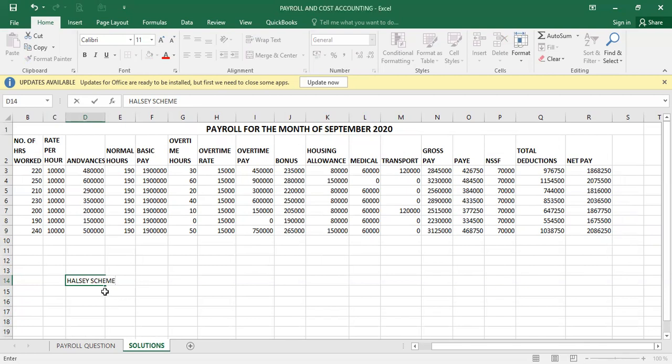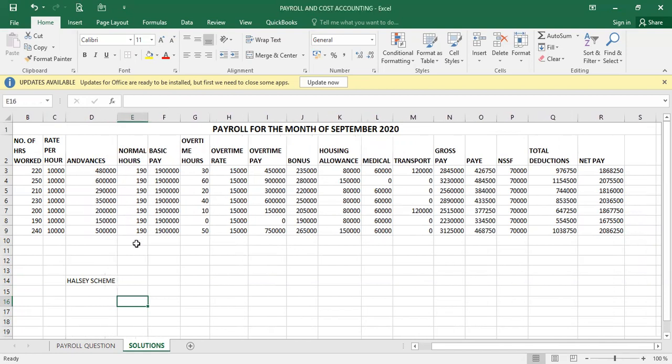They set a standard hour that someone is supposed to take, and when you find that you've incurred more than what you are expected, then of course they will take it here. We are saying that this one is a bonus scheme.